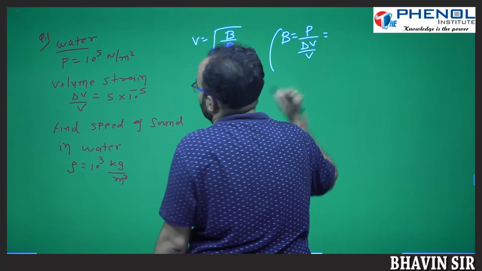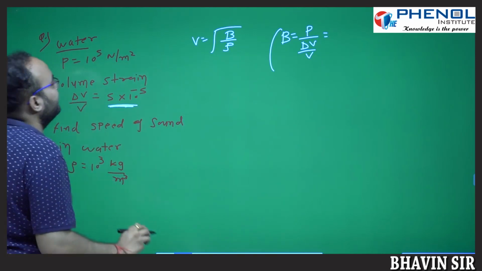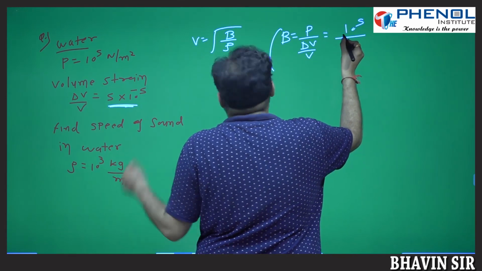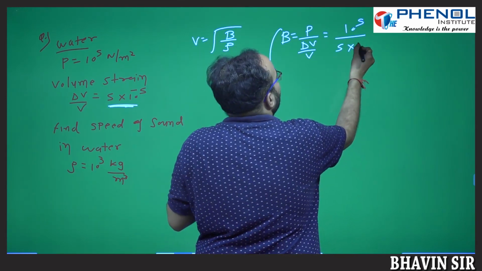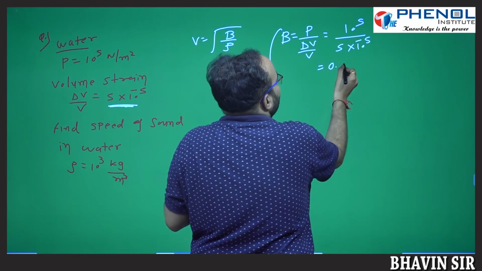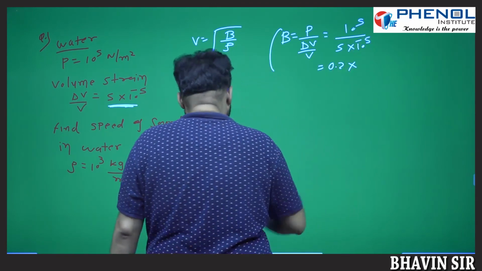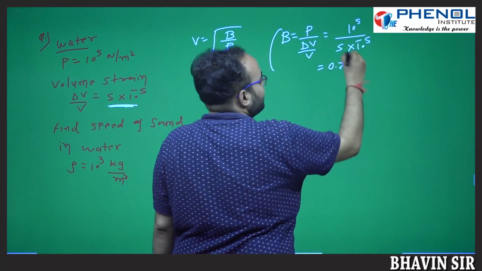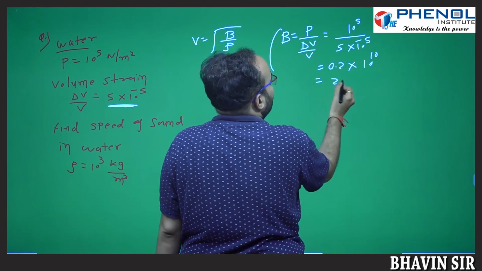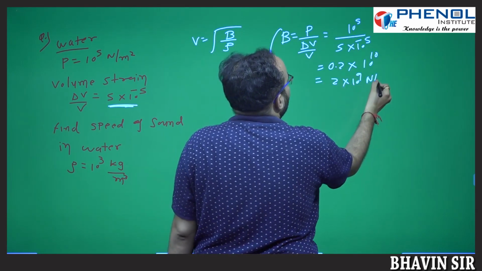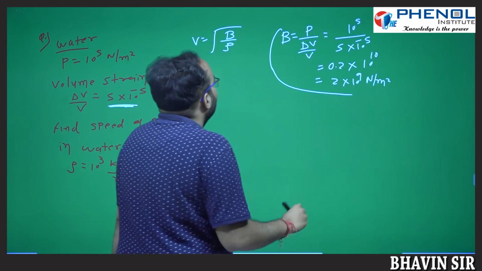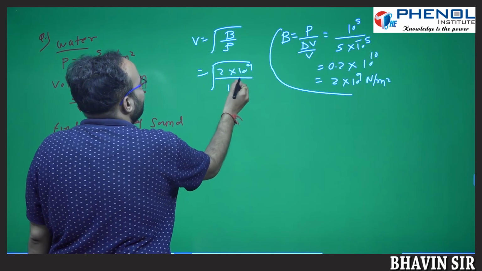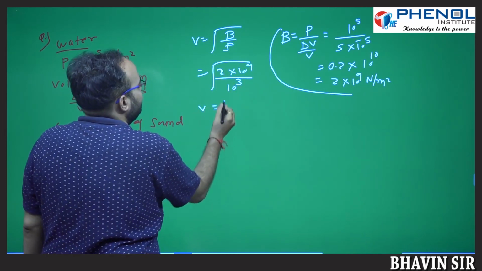Delta V by V is known as strain, volume strain. P is pressure. What is the pressure? 10 raised to 5. 1 by 5 means 0.2. Minus 5, so plus 5, so 10 raised to 10, so 2 into 10 raised to 9 Newton per meter square. What is the density? 1000.